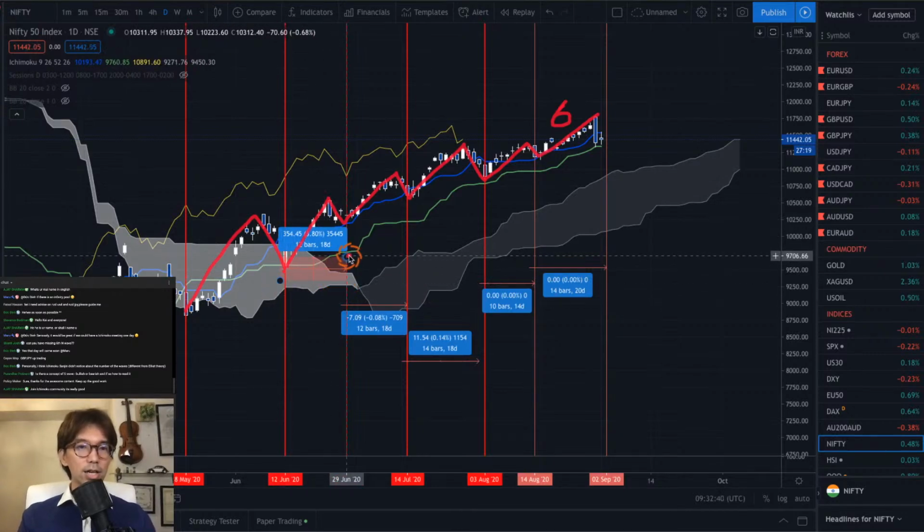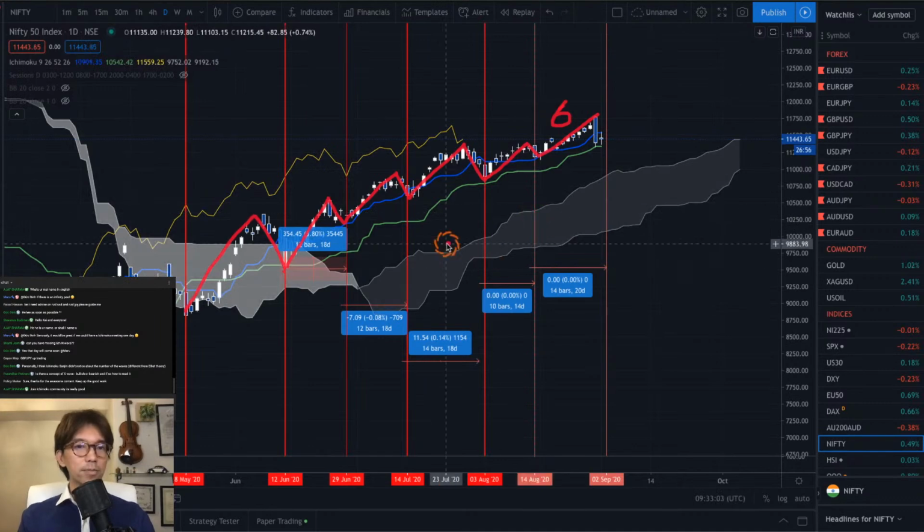From the 29th of June to the next low on the 14th of July was also 12 bars in between. From this low to the next low on the 3rd of August was 14 bars in between. And from this low to the next low was 10 bars in between.